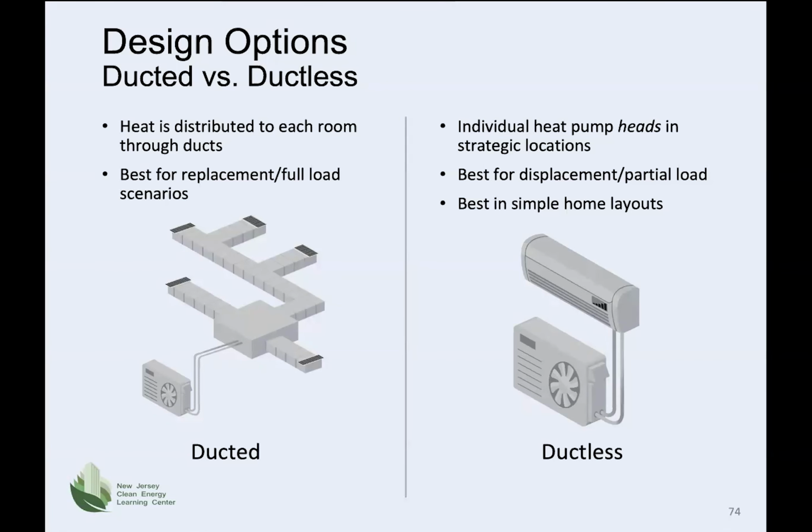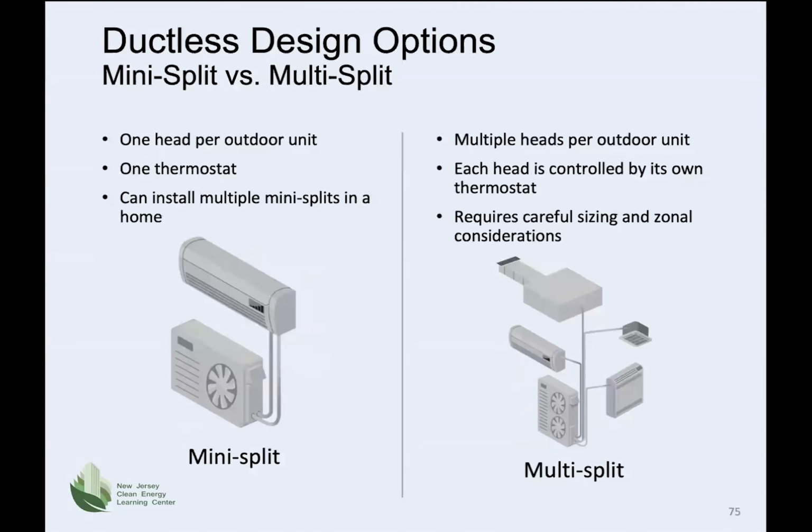It's best for a displacement type system or a partial load system rather than an entire home. And it's also better suited in cases where you have a simple home layout. So if the home is bigger and if the layout is more complex, in general, one would want to lean more towards a ducted system rather than a ductless system.